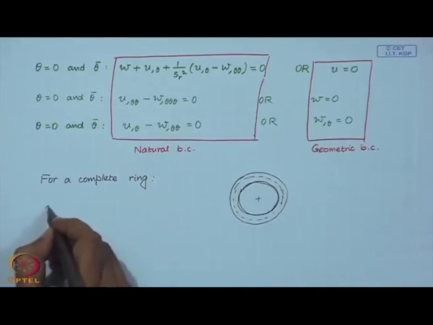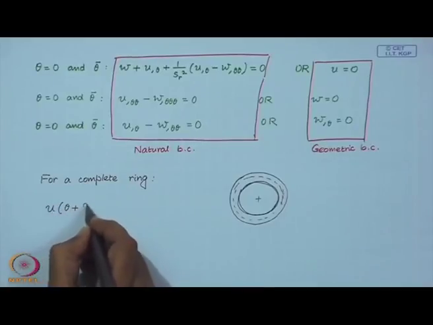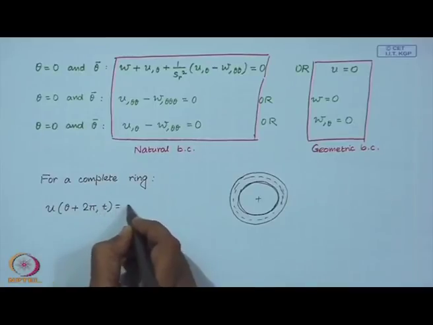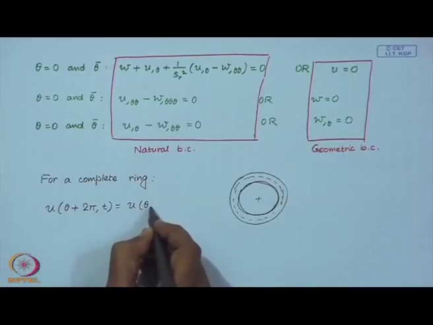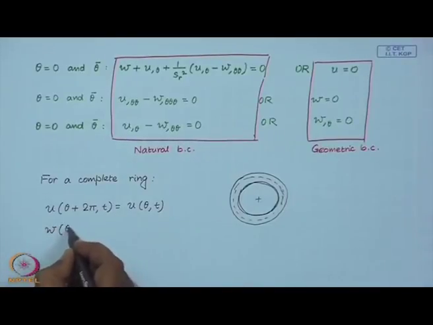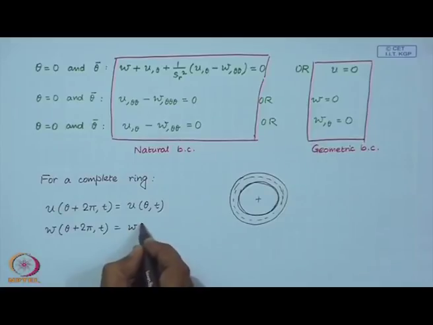So, which means that u at theta plus 2 pi must be equal to u at theta for all time, and similarly for the others, and all that follows from these periodicity conditions.